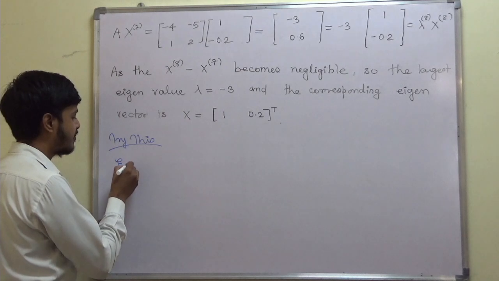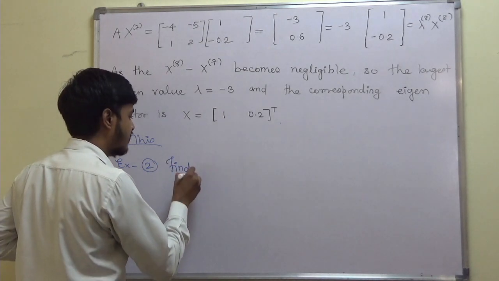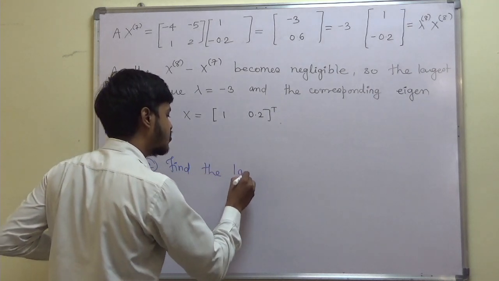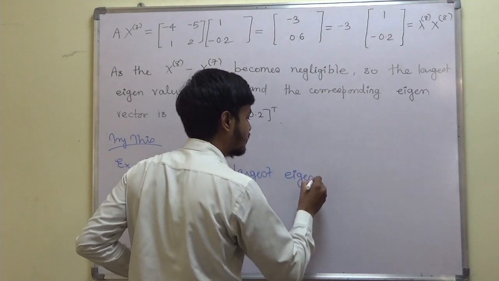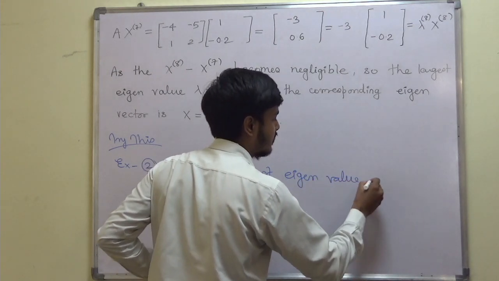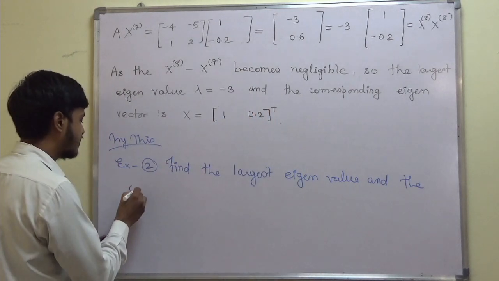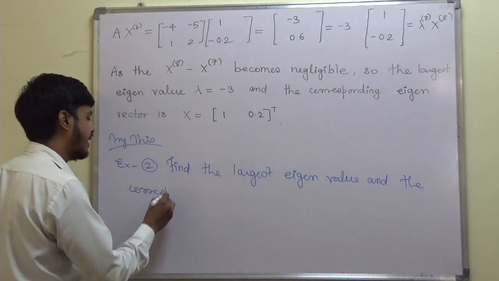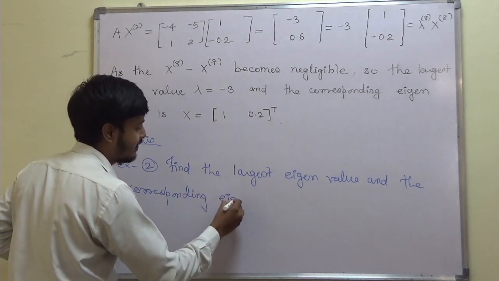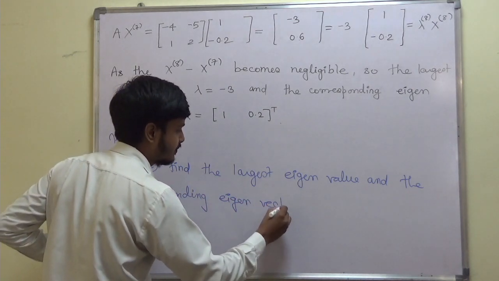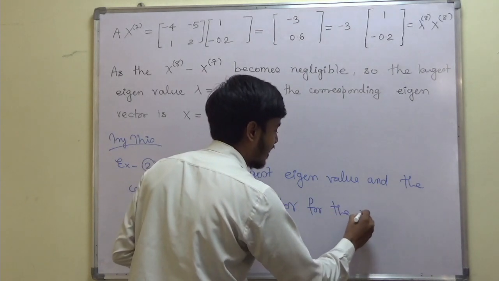Example number 2, which says: find the largest eigenvalue and the corresponding eigenvector for the matrix.